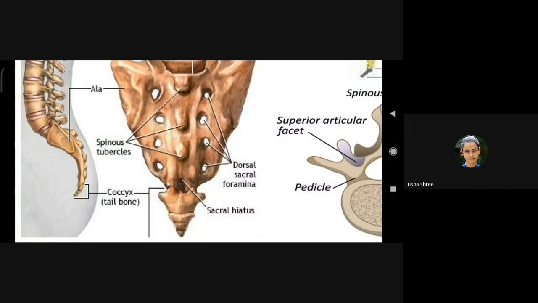So these nerves get out from the spinal cord through these foramens. There are small foramens on both sides of the vertebra. These small foramens are responsible for nervous transmission.